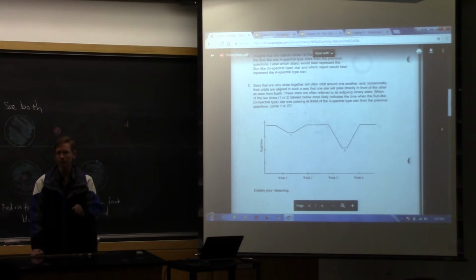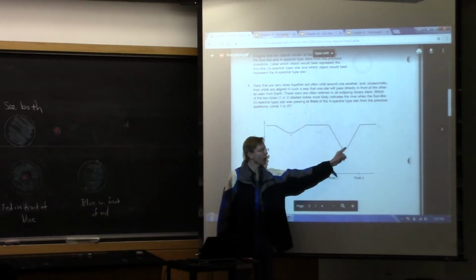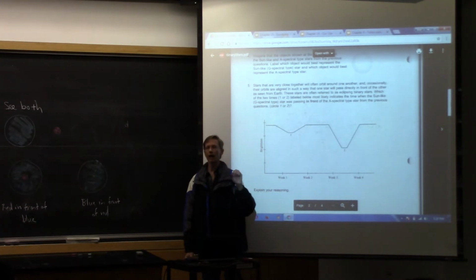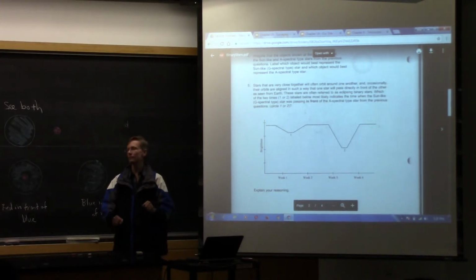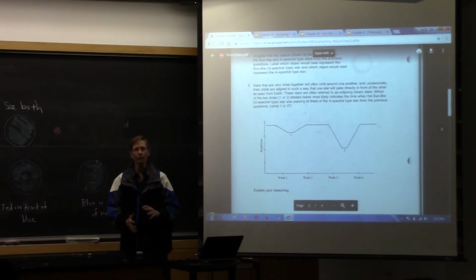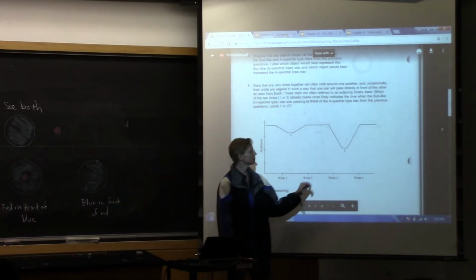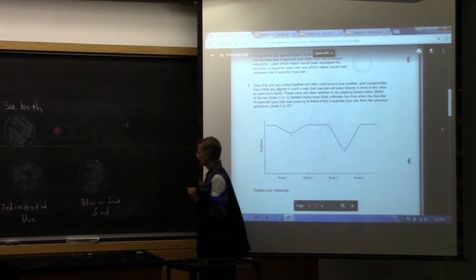When I'm blocking the hot star or when I'm blocking the cool star? Blocking the hot star. So the deeper eclipse is always when the hot star is behind. It's always. It doesn't matter which star is bigger and which star is smaller. All that matters is when the hot star is behind, that's when you get the deeper eclipse.